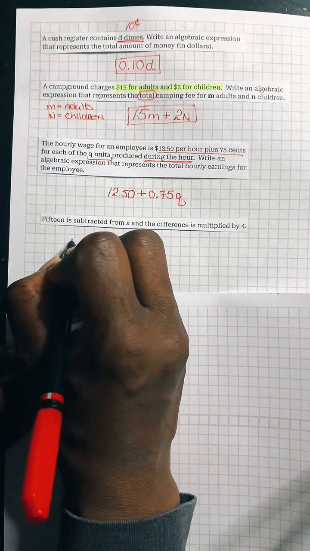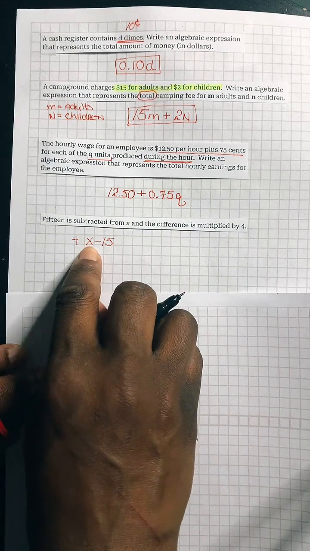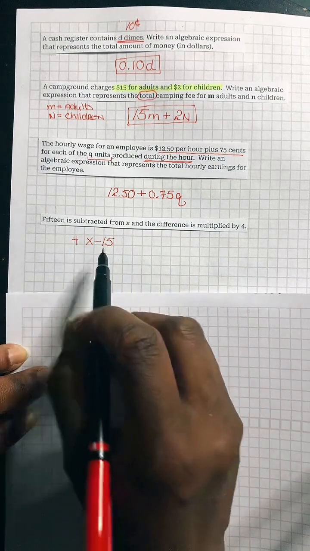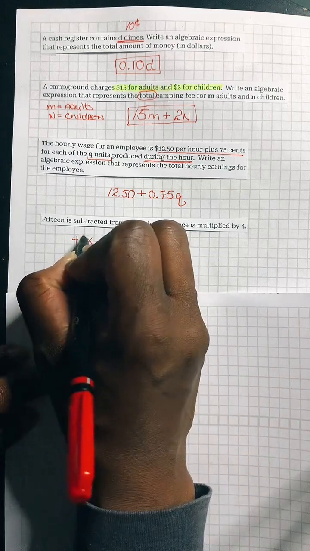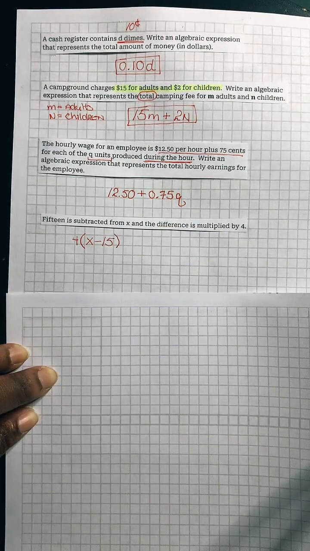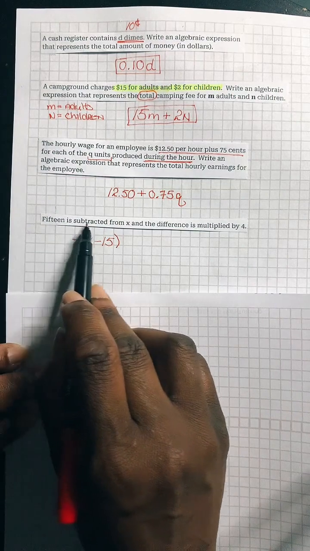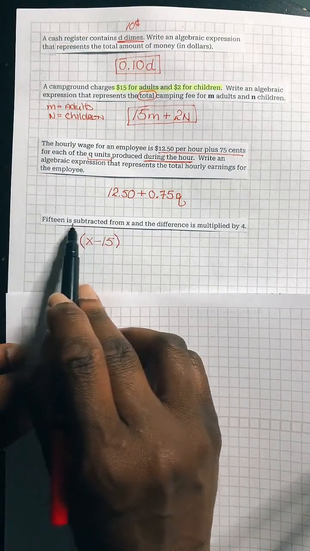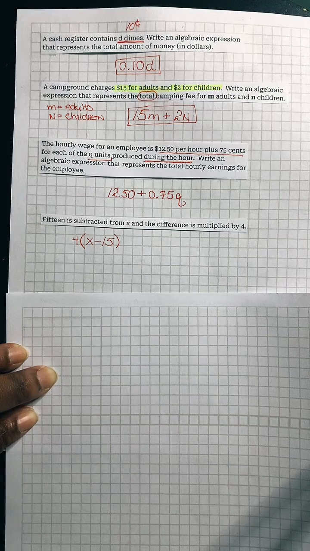A lot of you are putting the 4 in front of the x, but it's multiplying not just the x, but also the 15. The order of subtraction matters in this case, because 15 is subtracted from x, so the 15 is being taken away from whatever x is.